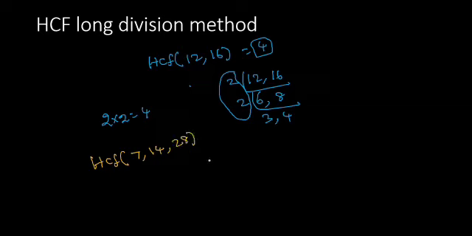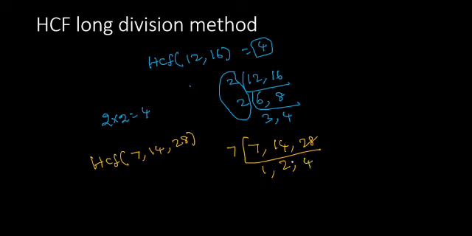Now when you closely observe this, we just make a long division method, 7, 14 and 28. So what is the common value which divides this? 2 cannot divide, 3 cannot divide, 5 cannot divide, but when you go for 7, it is divisible. Okay, 7 goes 1 time, 14 goes 2 times, and 28 goes 4 times.